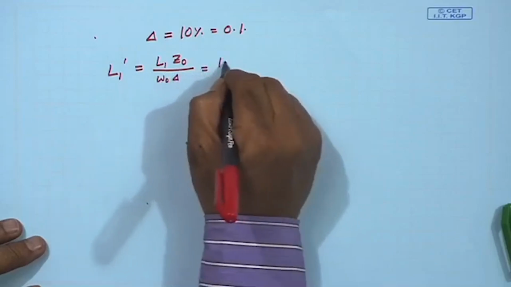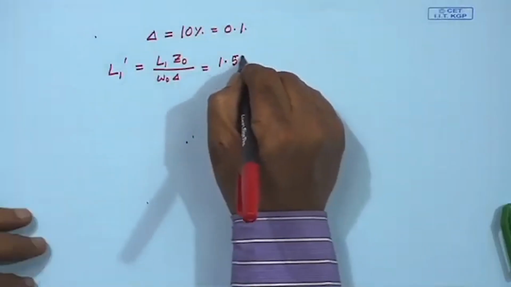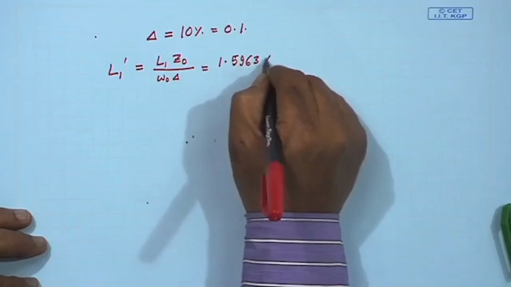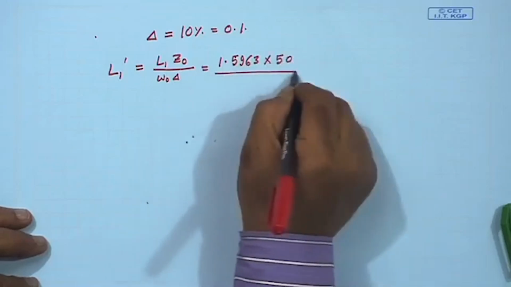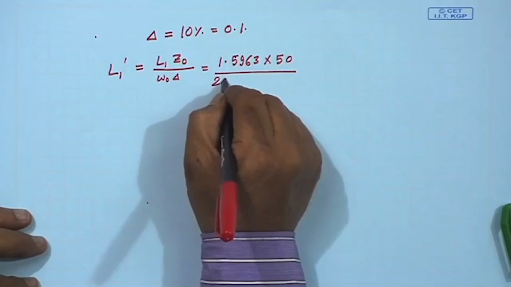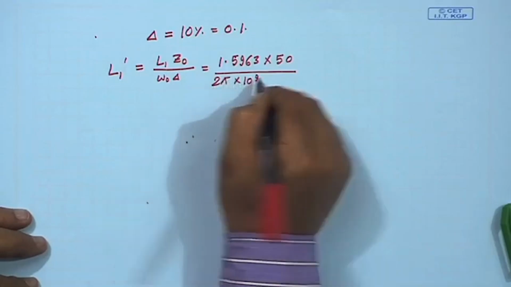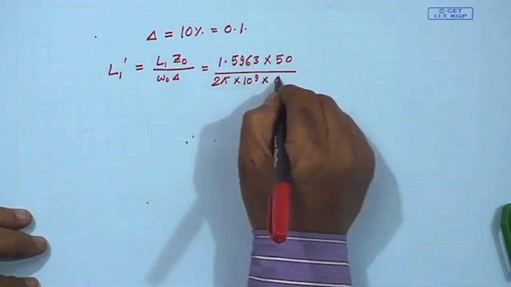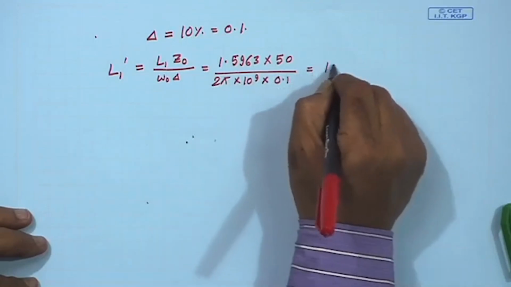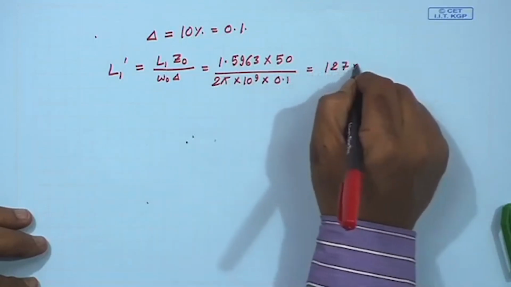So, it is L1, I have seen 1.5963, 1.5963 into 50 divided by 2 pi into 10 to the power 9 into 0.1, and that becomes 127 nanohenry.